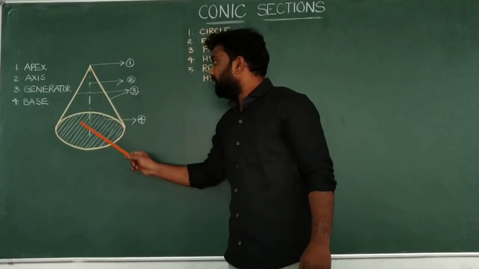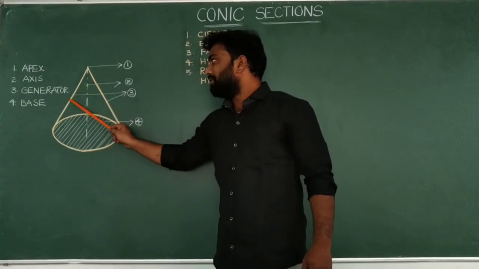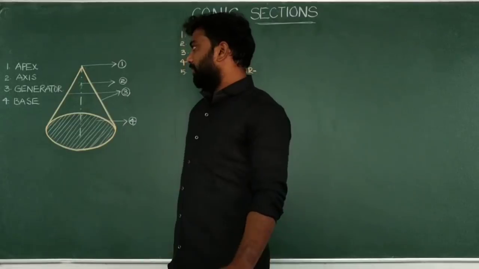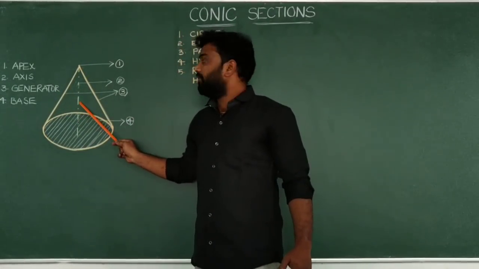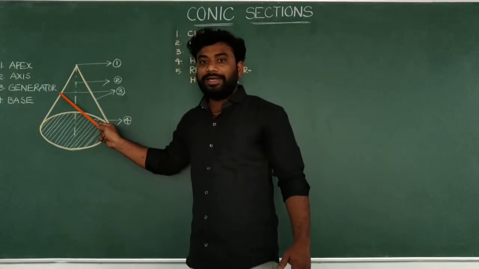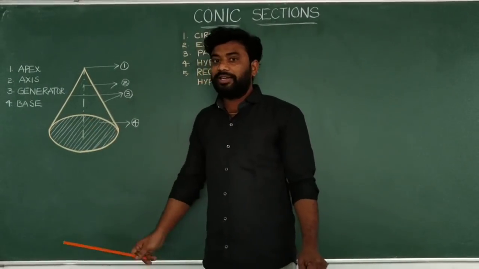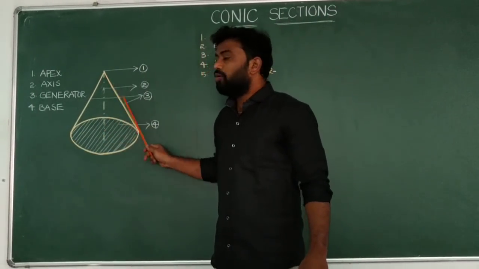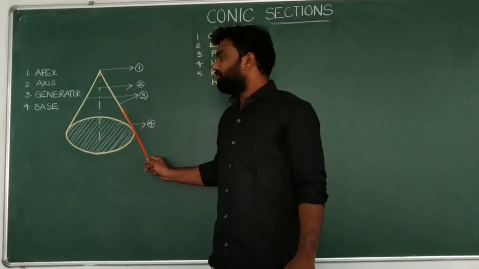Here we are showing two lines, and these two lines are called generators in this diagram. A generator is simply a line which generates the surface of the cone. In the diagram, we are able to show only two generators, the left generator and the right generator.